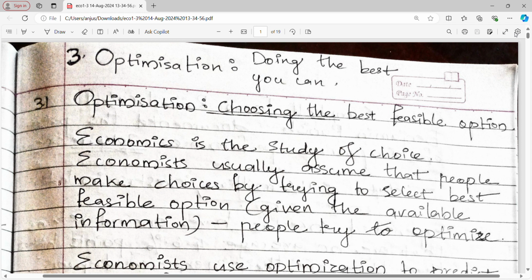Next is 3.1. In total this is a very short chapter, having just three main topics. The first topic is optimization, choosing the best feasible option. In our day-to-day life, we are optimizing.